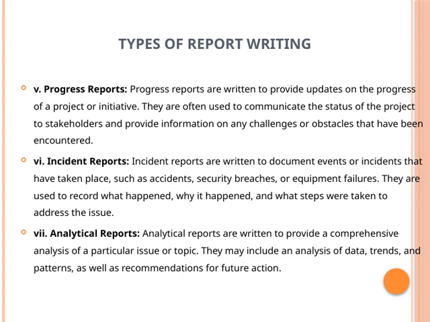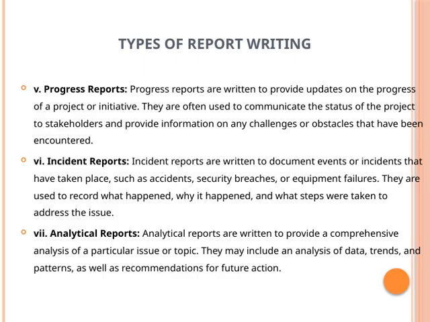Next, incident reports play a crucial role in documenting specific events or incidents, like accidents, security breaches, or equipment failures. These reports are detailed records of what exactly happened, why it happened, and what actions were taken to resolve the issue. They're vital for learning from incidents, preventing future occurrences, and maintaining safety and accountability.